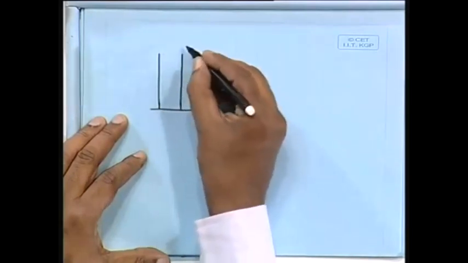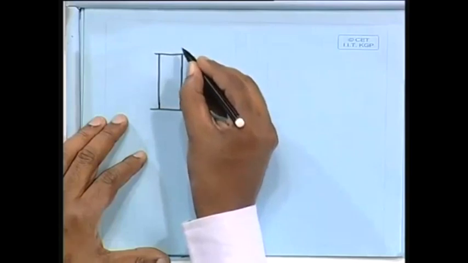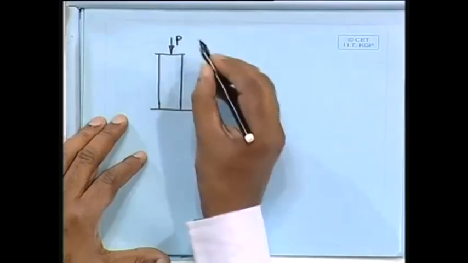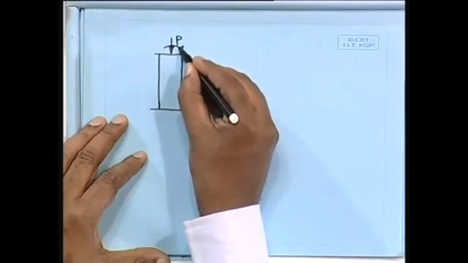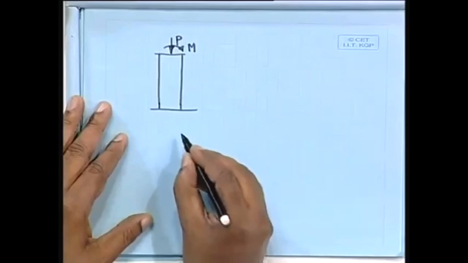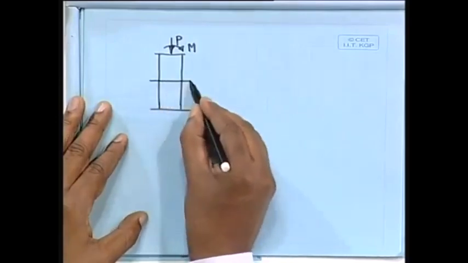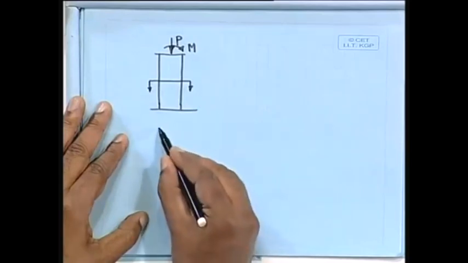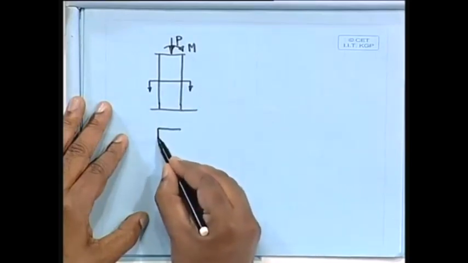So if this is a column with load P and moment M, and we take a section, we shall get a cross section of the column.